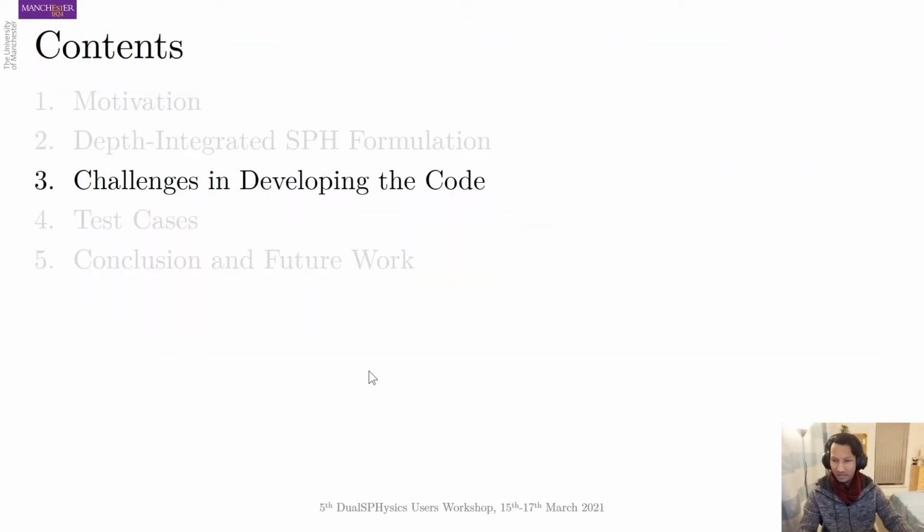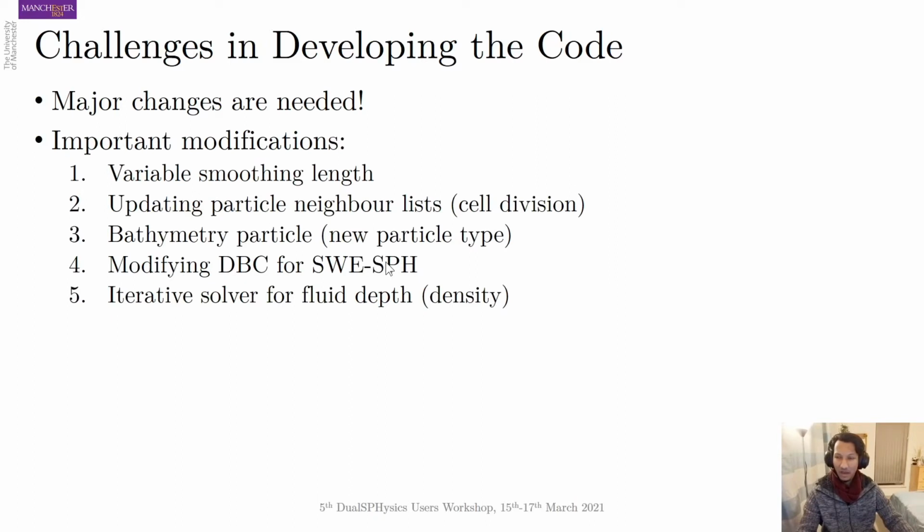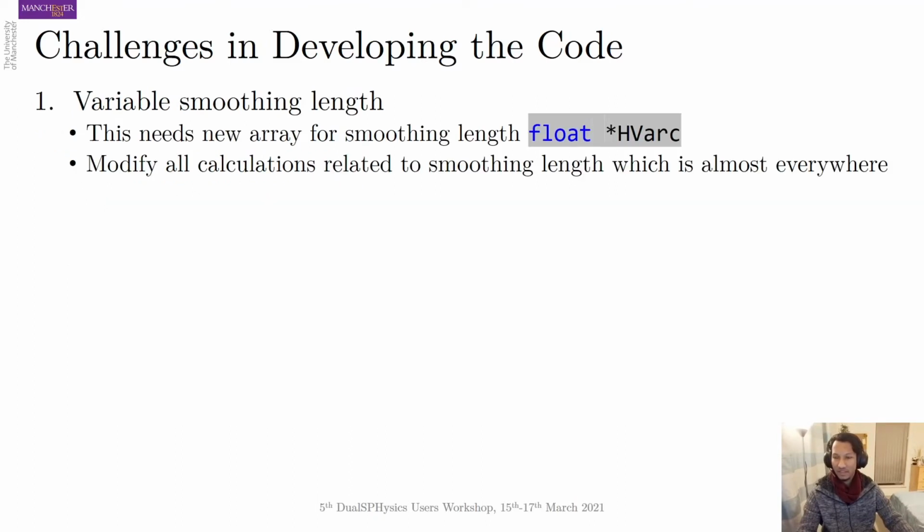Okay, there are some challenges in developing the code. Of course, we need major changes because it's a completely different model. There are 4 important modifications here, and the first one is variable smoothing length. This needs a new array for the smoothing length, which I call H4C.